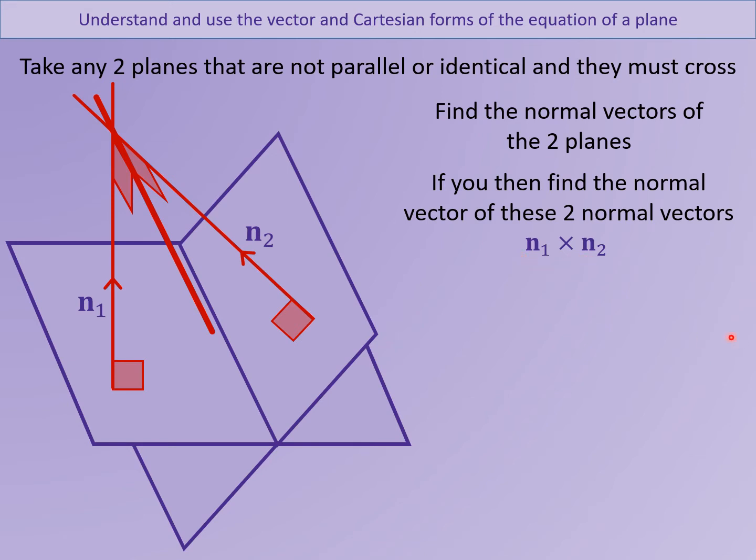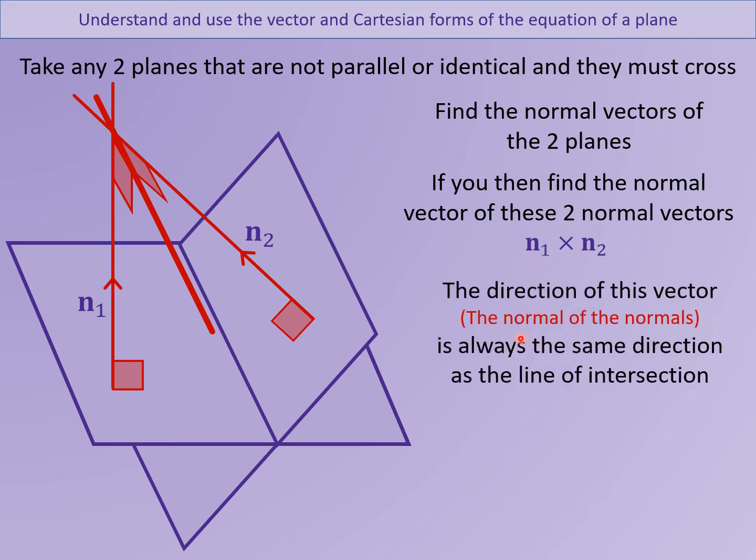So two normal vectors, and then this bit here is the normal of those two normals. And that's what you actually call it, the normal of the normals. So the direction vector, and this is what's important, is always exactly the same direction as the line of intersection.